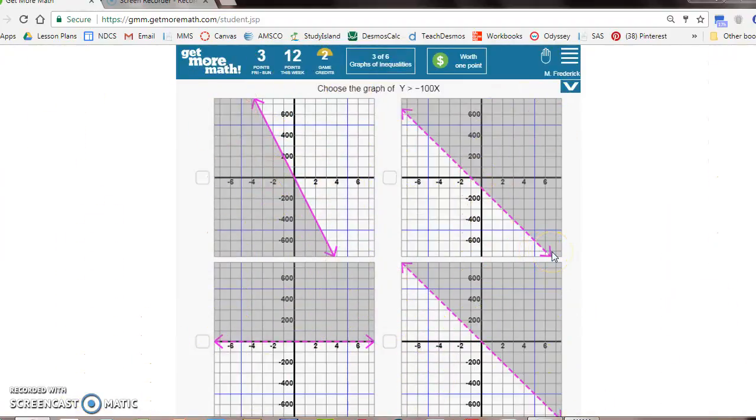Choose the graph of y is greater than -100x. Notice that your y-intercept does not exist here, which means that it is 0. This should rule out our top right option as it does not pass through the origin.